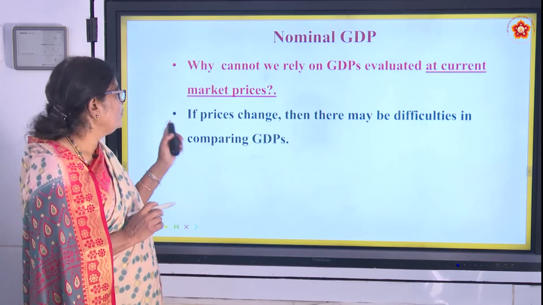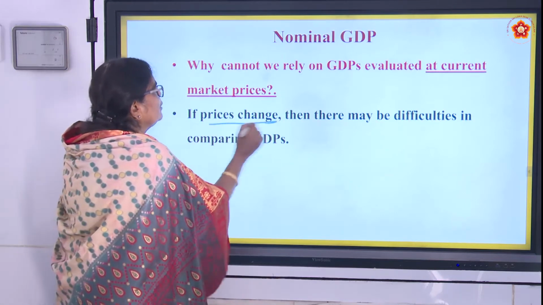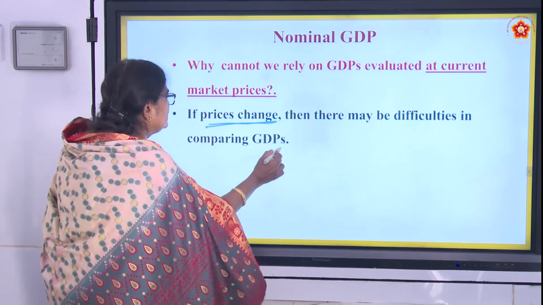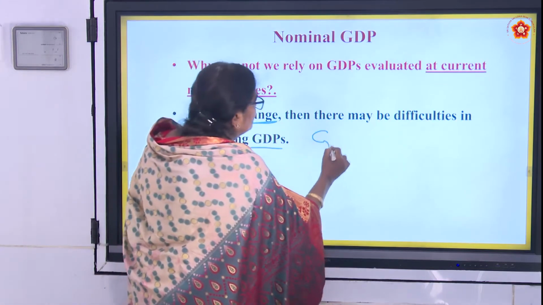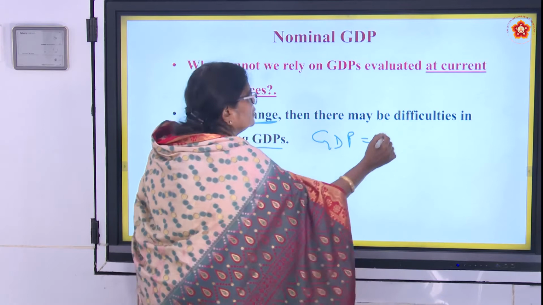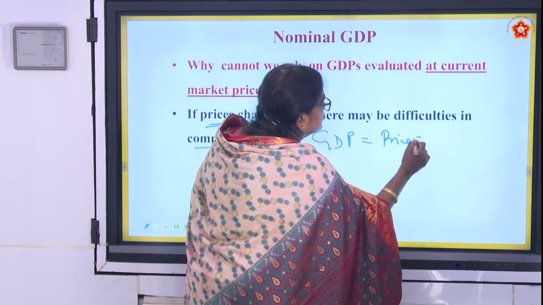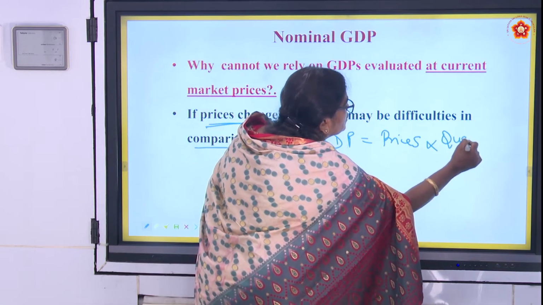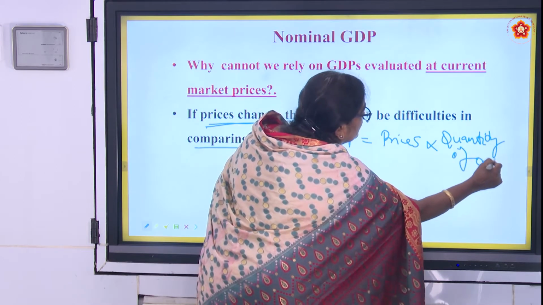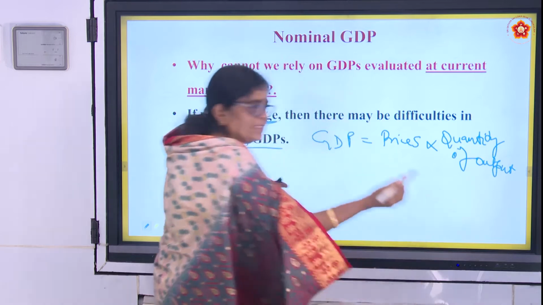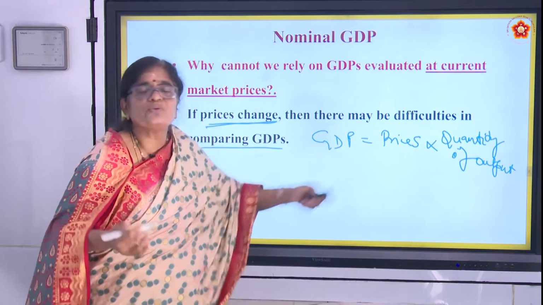If price changes, then there may be difficulties in comparing GDP, because GDP is price times quantity of output, any output, automobile industry, cement industry, textile industry, any output you can take.